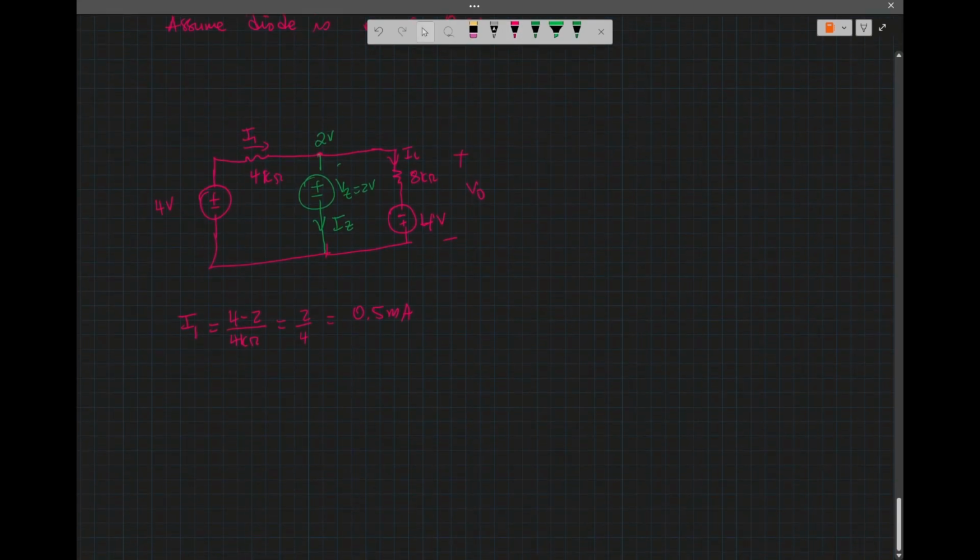Now let's calculate the load current. I load is equal to 2 minus 4 over 8. So that gives me 6 over 8, which is 3/4 milliamp.